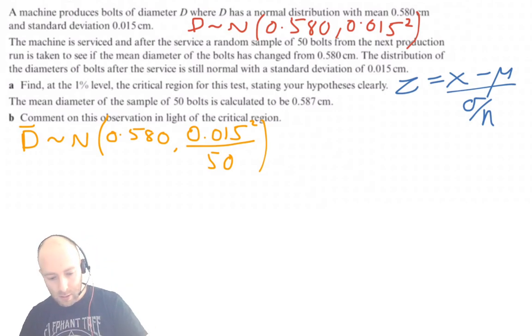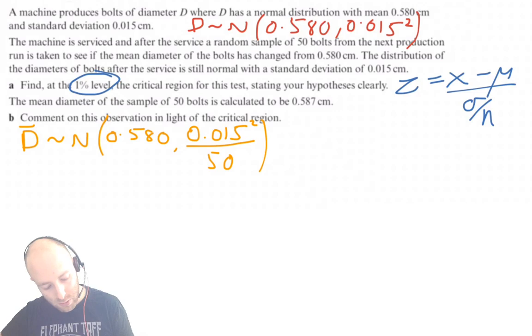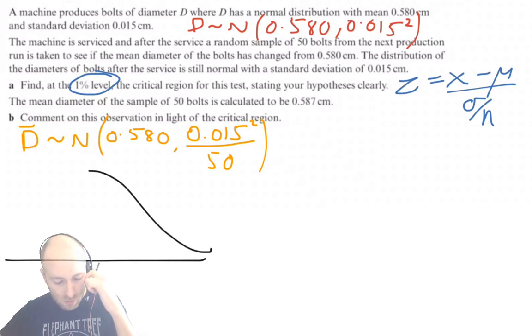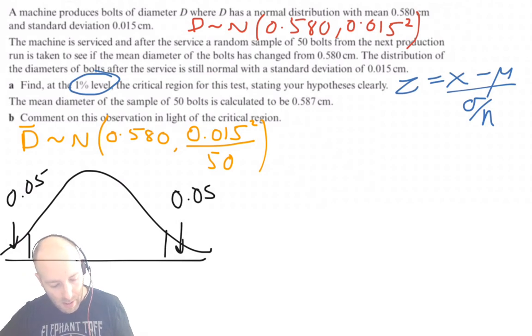And what we're basically looking for, if we're doing a hypothesis test at the 1% level, it means we're going to have 0.5% for each tail. So that area there is 0.005, that area there, 0.005, and the mean 0.580.